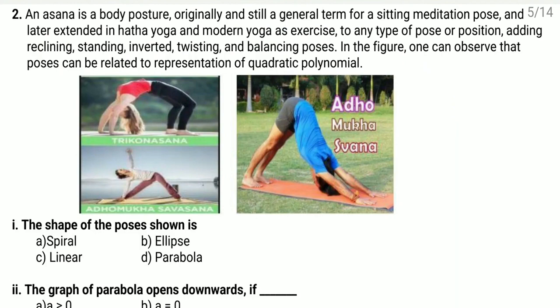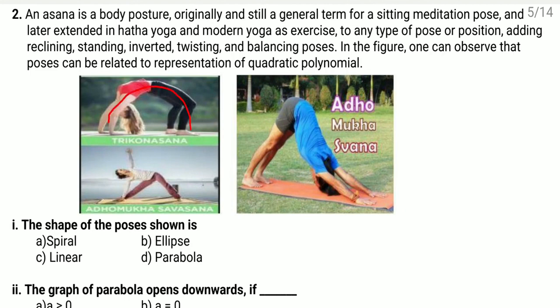An asana is a body posture, originally and still a general term for a sitting meditation pose, and later extended in Hatha Yoga and modern yoga as exercise to any type of pose or position, adding reclining, standing, inverted, twisting, and balancing poses. In the figure, one can observe that poses can be related to representation of quadratic polynomial, right? So if you see here, the pose is here.